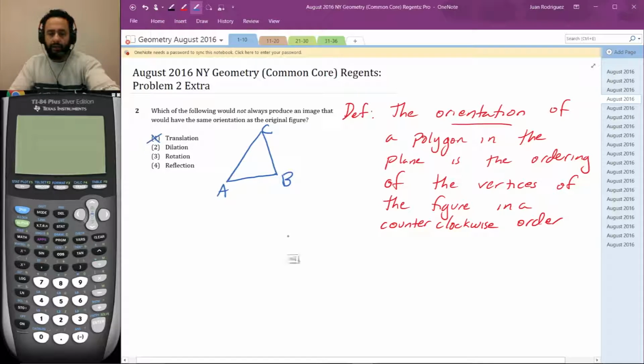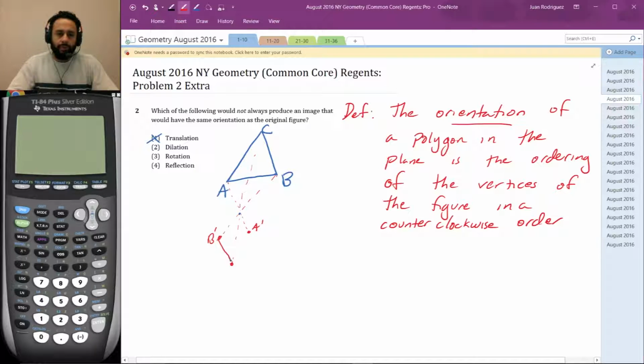But if we look at a dilation with a negative scale factor, let's say the center of dilation is there, then the figure would get dilated here, A prime, then B prime would be like here, and then C prime would be here.